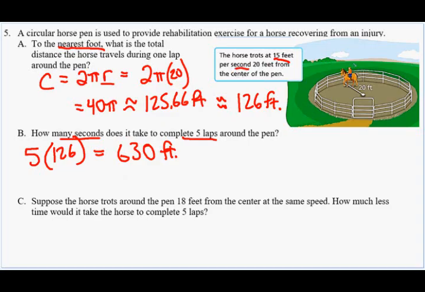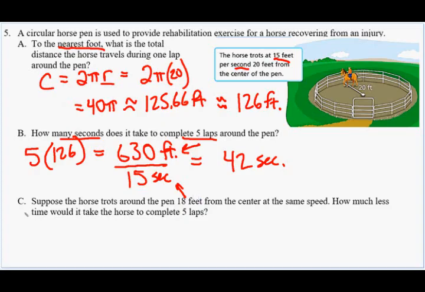So if they're going around that outer edge, he's going 15 feet every second. So we're going to take this 630 and divide it by 15, and that turns out to be a nice 42. The units, no, we're dividing this, so it's how many seconds. So yeah, it's going to be 42 seconds.